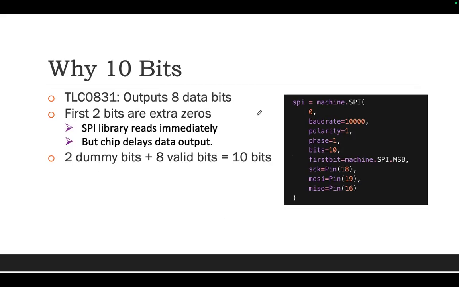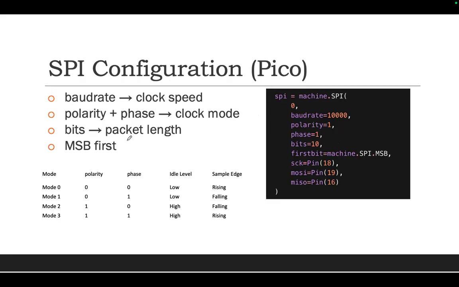Okay. Let me ask you a question. Here, we know the TLC chip is 8-bit, am I right? But why here the bits we set is 10? The packet length, why do we set 10 here, but the TLC chip is 8-bit? Do you know why? Do you want to guess a little? Yeah, I think you maybe get the point.